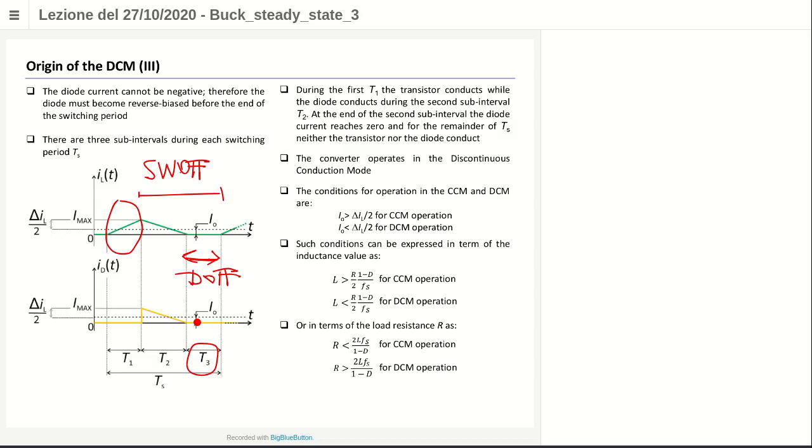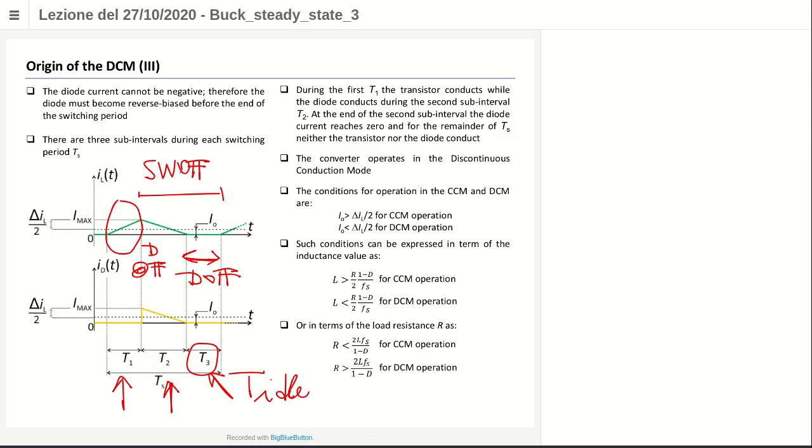So in discontinuous conduction mode, there is the time interval T1 or T on, in which the switch is on and the diode is off, followed by the time interval T2, in which the switch is off and the diode is on. And then you have a time interval T3, sometimes also called T idle, in which both the switch and the diode are off.